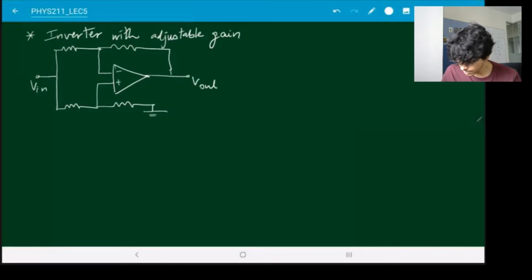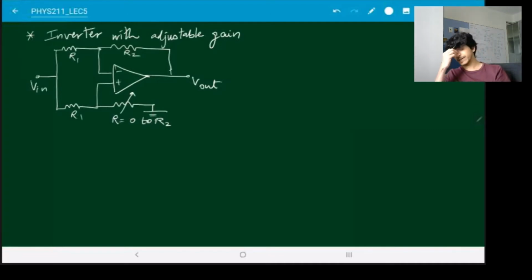Here is my output. What values should I give them? Okay, these two are same, R1, R1. This one is R2, but this resistance over here is a variable resistance. So let's call it R, and R varies from 0 to R2.